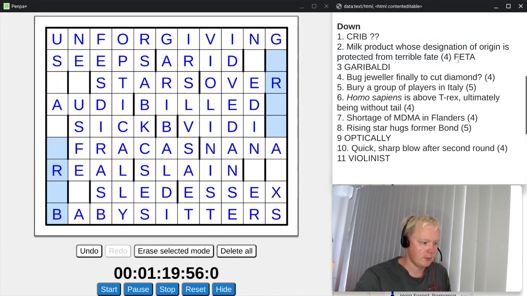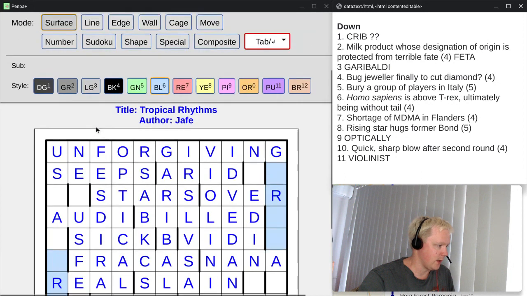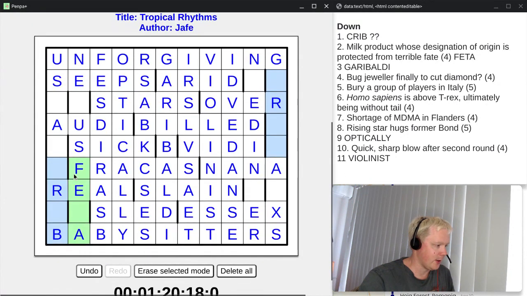So feta is the answer. I'm not sure if I should erase them immediately after I put in the answer, because maybe we can leave it in for a bit, but we can probably find out where feta goes. Now there's F, E, and A, so that should immediately look like it goes in there, but let's see if we can find another place where feta goes. Can't go here anywhere, not here, here, here, here, here, and it can't go on this column or this column.